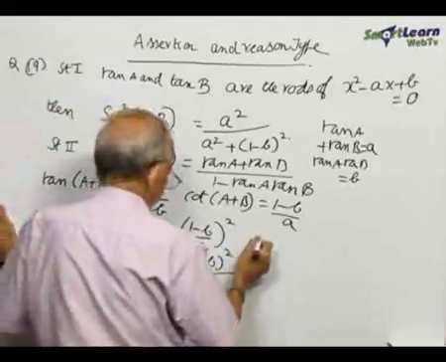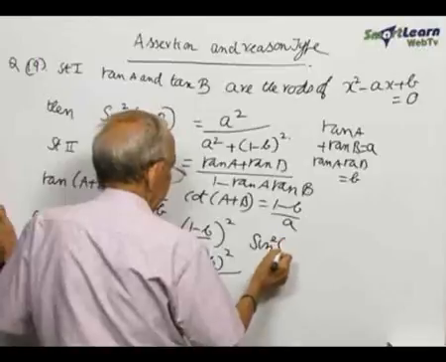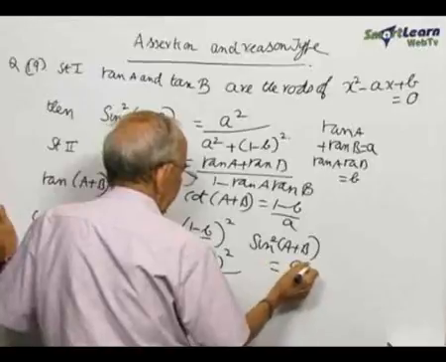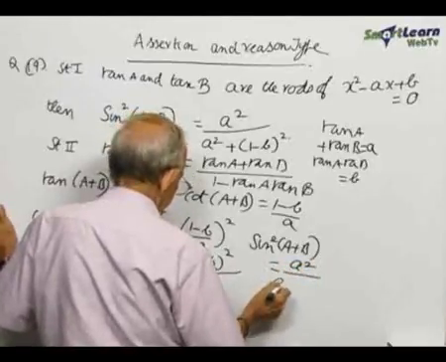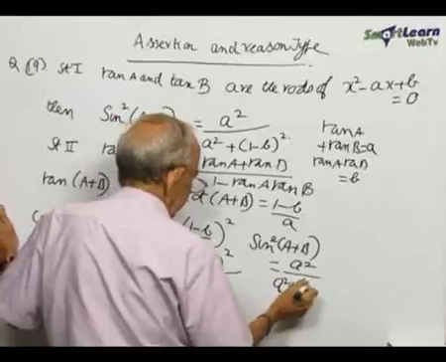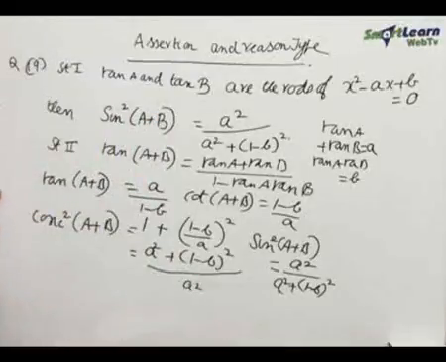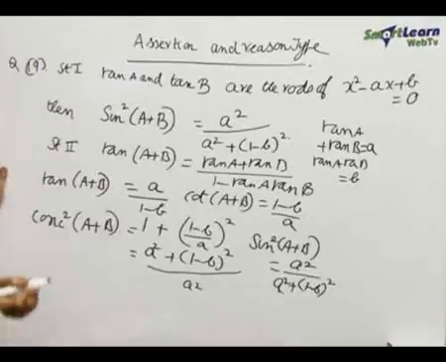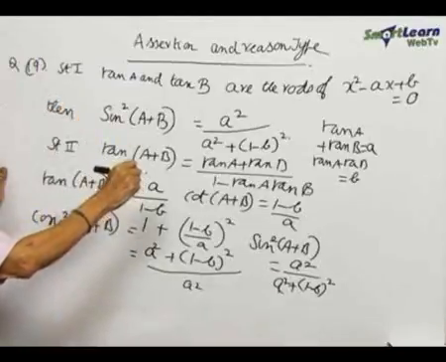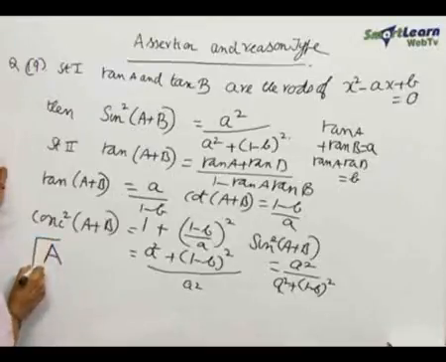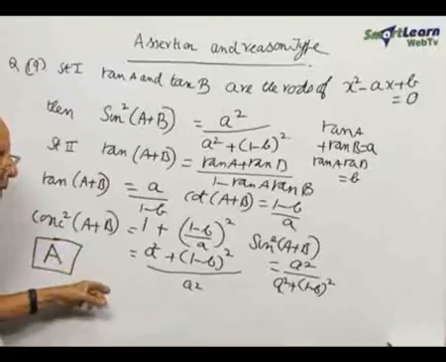This implies sin squared (A plus B) is equal to A squared by (A squared plus (1 minus B) whole square), which is statement 1. So, statement 1 is right, statement 2 is right, statement 2 implies statement 1, so it comes under the category capital A.